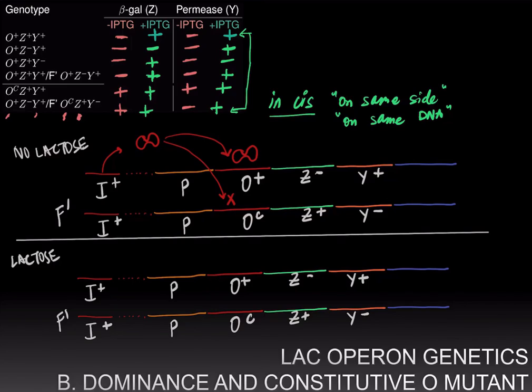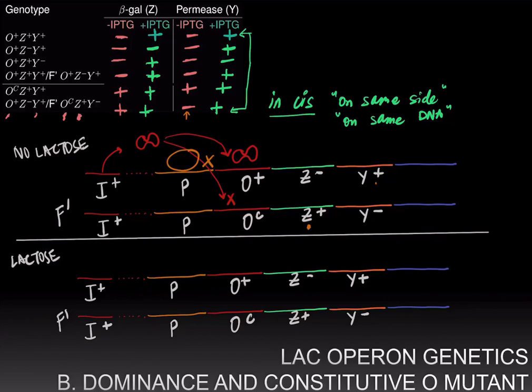And what that means is that the polymerase will not be able to elongate on the bacterial chromosome, which has the Y plus allele, and therefore Y, the permease, is going to be minus in the absence of IPTG.